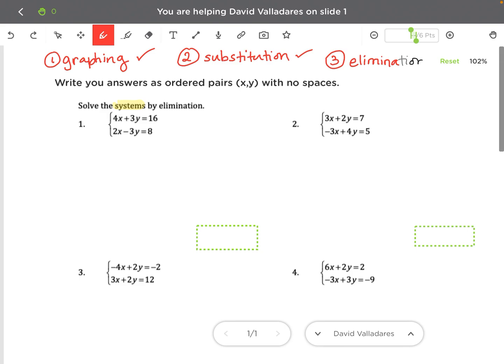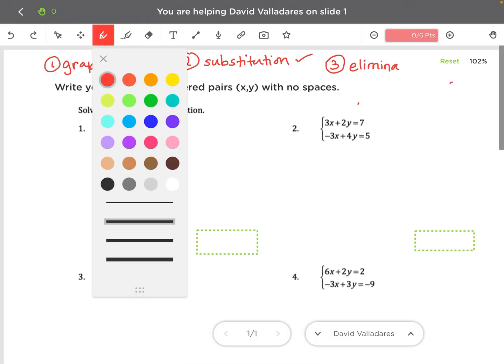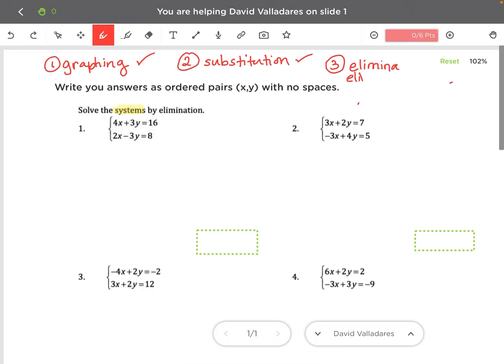Elimination is great. It's called elimination. Hold on, it's not letting me write the word. Elimination, there we go. Elimination is a great method. This is method 3.